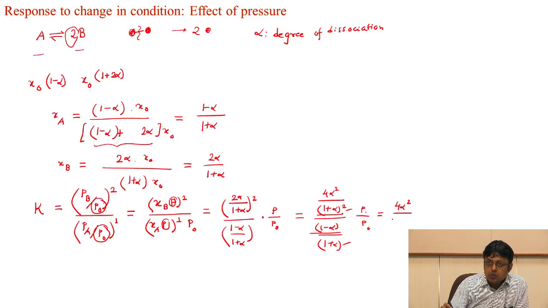I can write it as 1 minus alpha squared times P by P0. That is the overall equilibrium constant, which we can write as Kp.